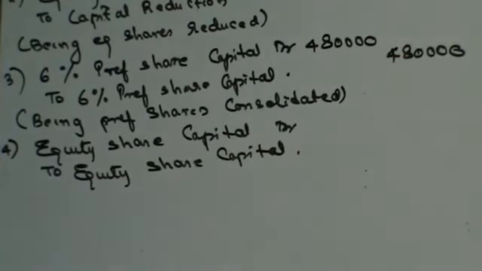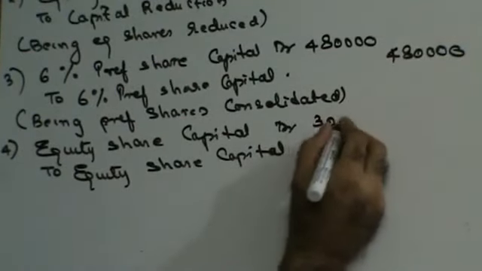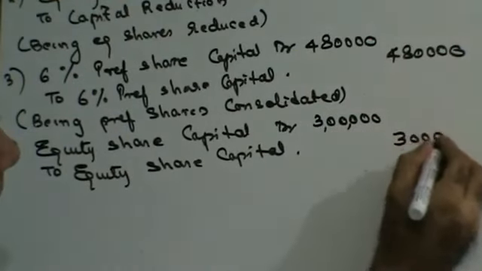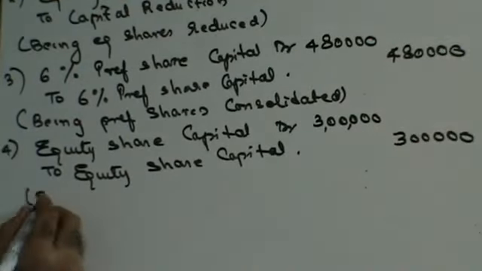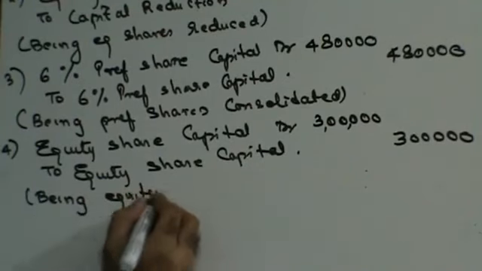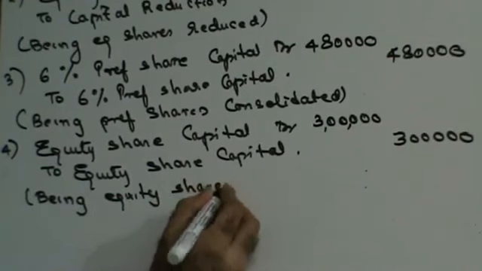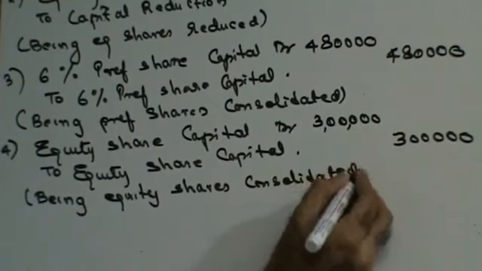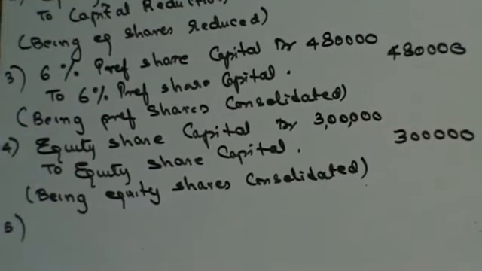Now, your equity share capital as per balance sheet was 12 lakhs, out of which 9 lakhs has been written off, so 3 lakh rupees remain. Equity shares consolidated. Next, let's move on ahead.